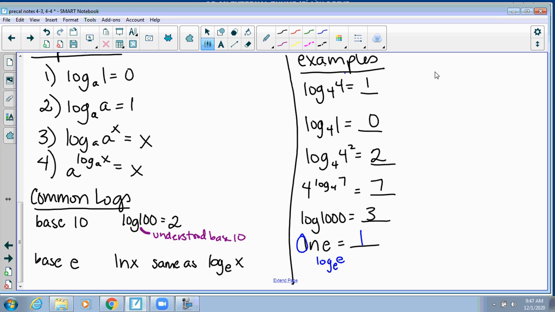All right, we have 2 more little examples. Let's go with e to the ln of 4. This is related to the one that we just did. This is a log base e. When those two match, it will just be 4 for our answer.